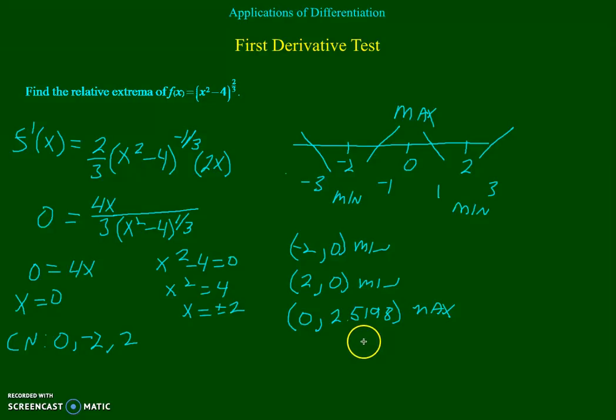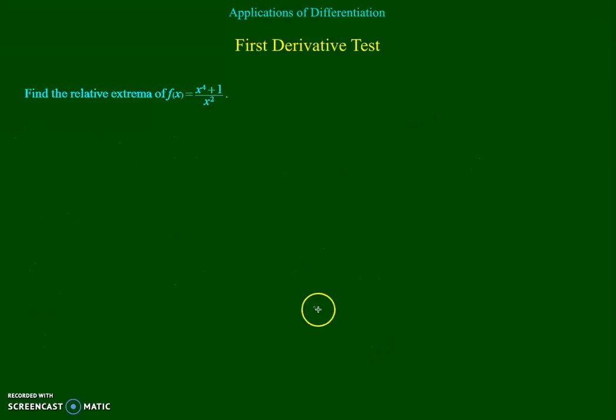Alright, let's do one more example. In this example, we're looking for the relative extrema of this function. So I'm going to rewrite this before we take our derivative, just to simplify it. So f of x equals x to the fourth divided by x squared is x squared, and 1 over x squared is x to the negative 2.